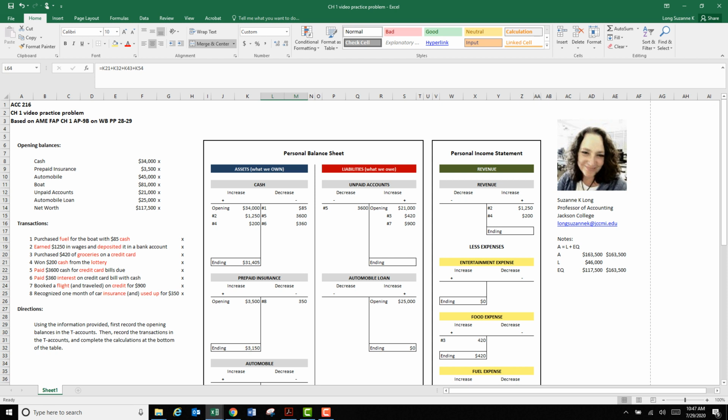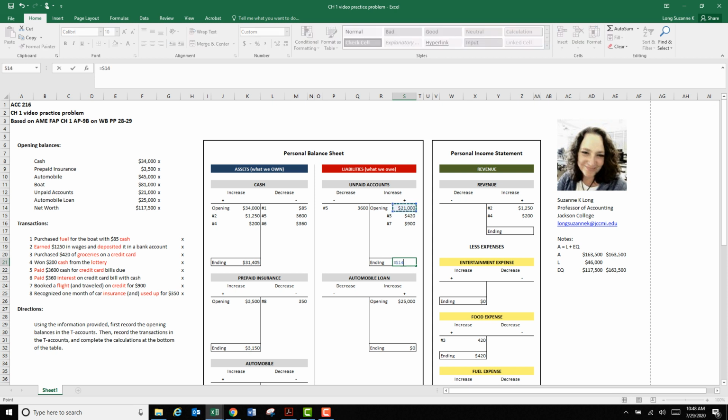We're done with this column. Let's head over to liabilities. Now, liabilities in these totals feel uncomfortable for a lot of people learning accounting. So remember, liabilities increase on the right, decrease on the left. So what we just did with cash, we're going to do the same thing. We're basing everything on the right side.